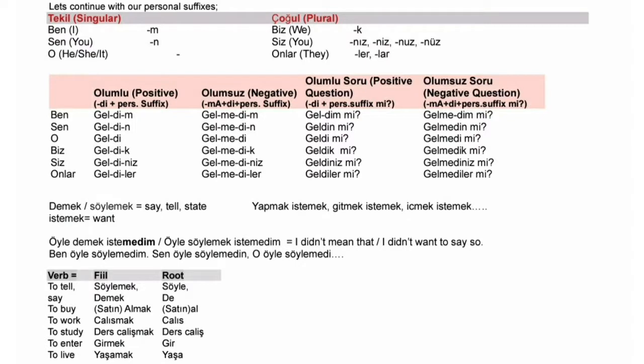Okay, let's continue with the negative sentence, olumsuz cümle. Here, our suffix for making negative is me, ma. That's why there is a capital A there. It can change according to vowel harmony. So we add ma, and then our suffix for the tense, di, and then our personal suffix.